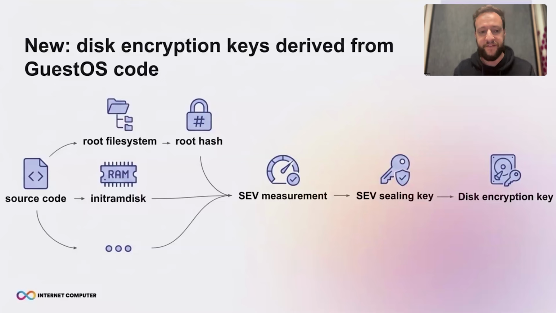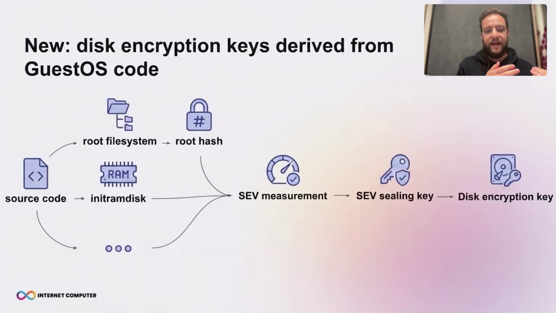There is a root file system, that's the biggest output containing most of the binaries. But it, for example, also contains the init RAM disk, which contains binaries and code that runs during the early boot process. And some other things such as the kernel and a few other outputs.